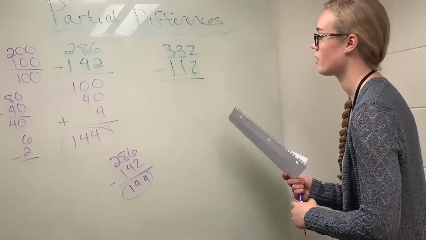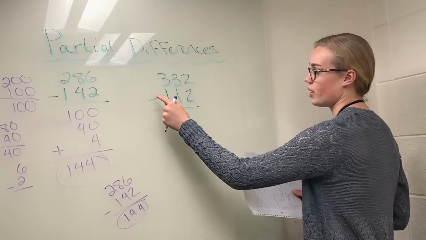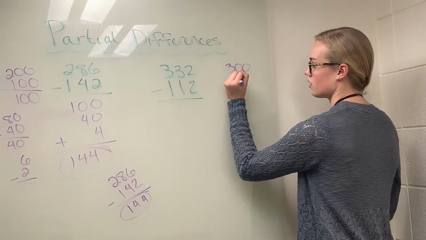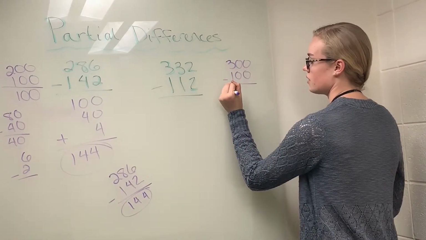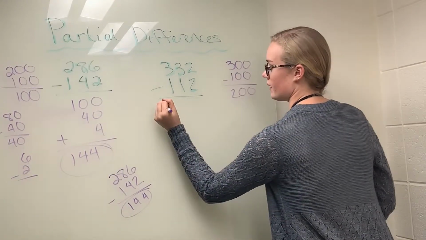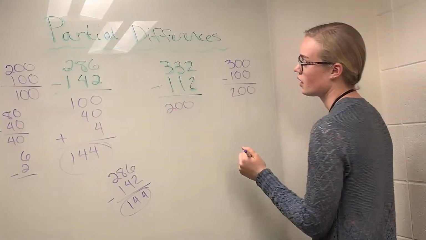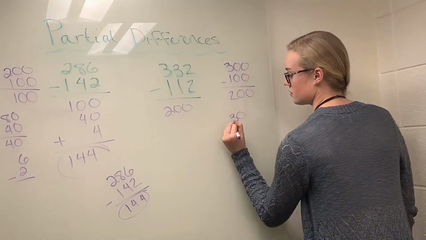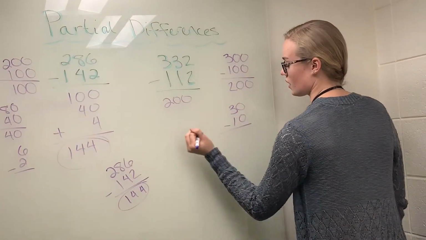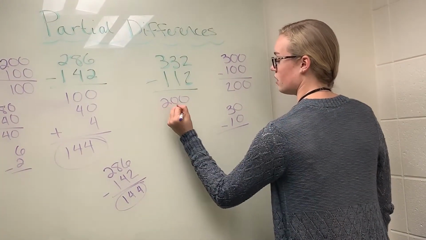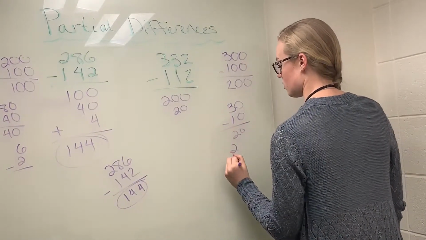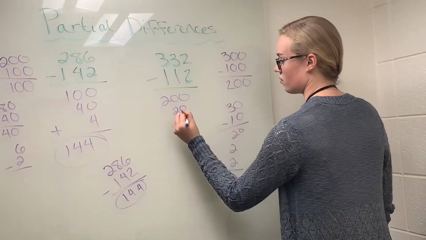And then here's another example. So 300 minus 100 gives me 200. And then 30 minus 10 gives me 20. And 2 minus 2 gives me 0.